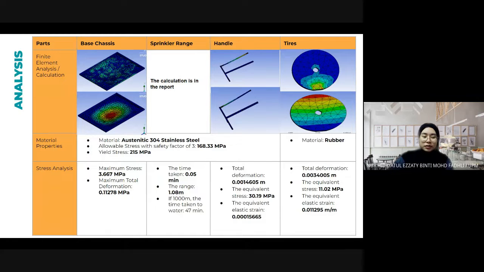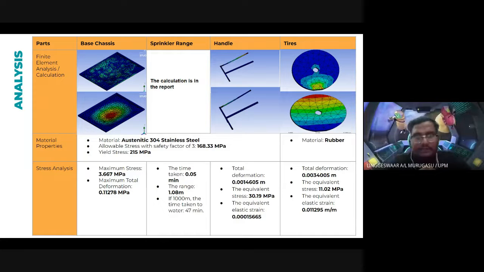So after being analyzed in the finite element analysis, we get the maximum stress is below the allowable stress and also the yield stress, which means it is safe to use, and it will not have any permanent deformation. And for the total deformation here, in the second picture, it is very small that it is almost negligible, and also concentrated on the center. So the next part I pass to the next presenter.